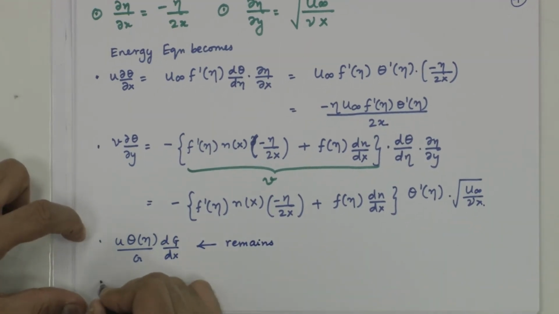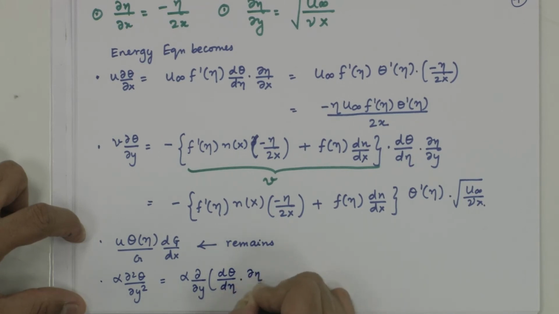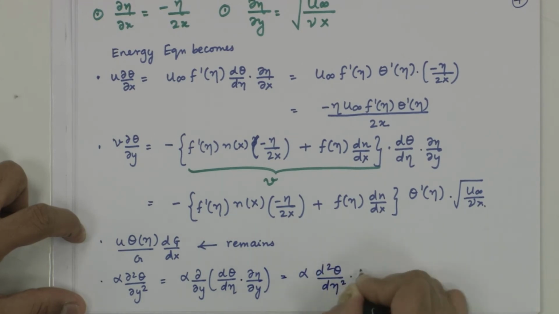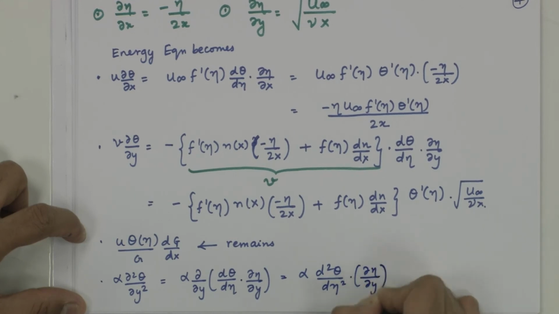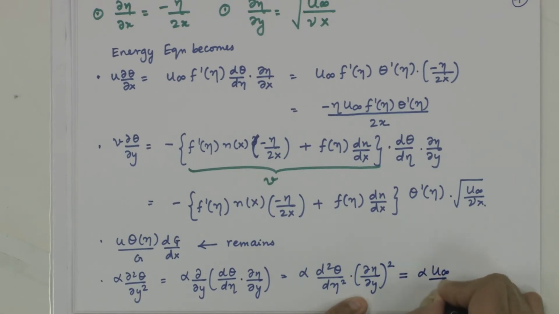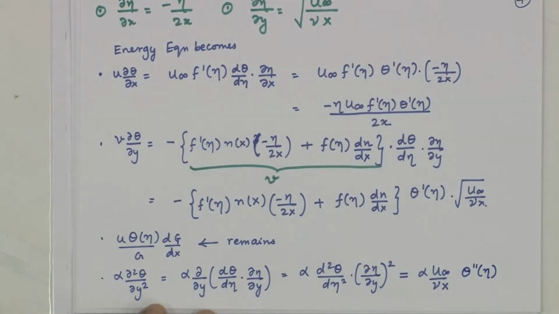Fourth term, α d²θ/dy² is α d/dy of dθ/dη dη/dy, or α d²θ/dη² (dη/dy) whole squared, which will give you α u∞/νx θ''(η).